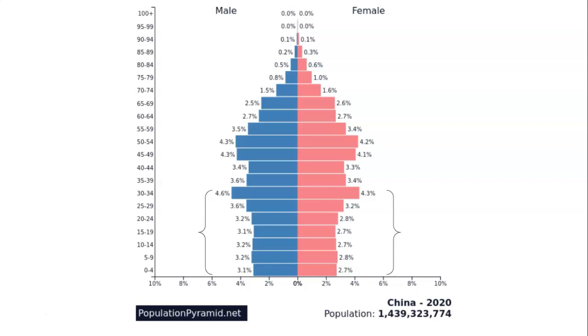And this has created problems in the last decade leading up to today, because there are a significantly larger number of males at marrying age than there are females. And so there are many males who are having trouble finding females. And this has led to issues beyond just marriage. You're seeing more forced marriages.